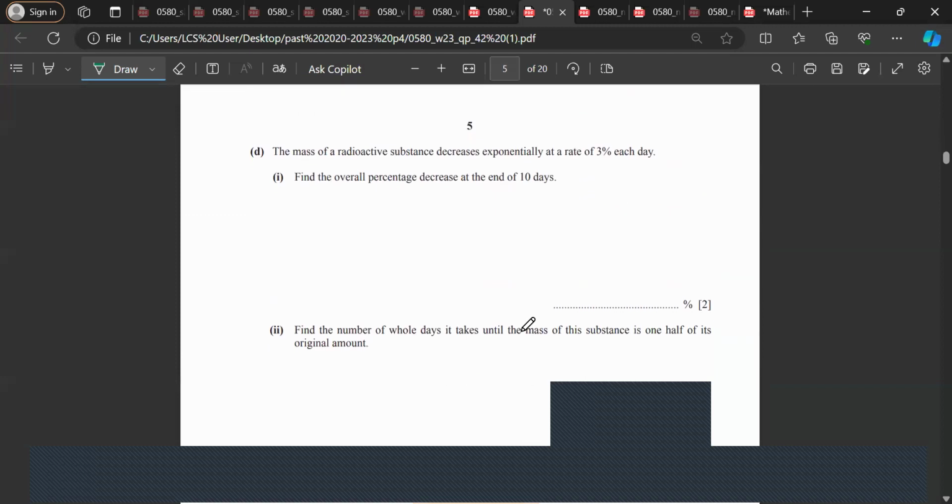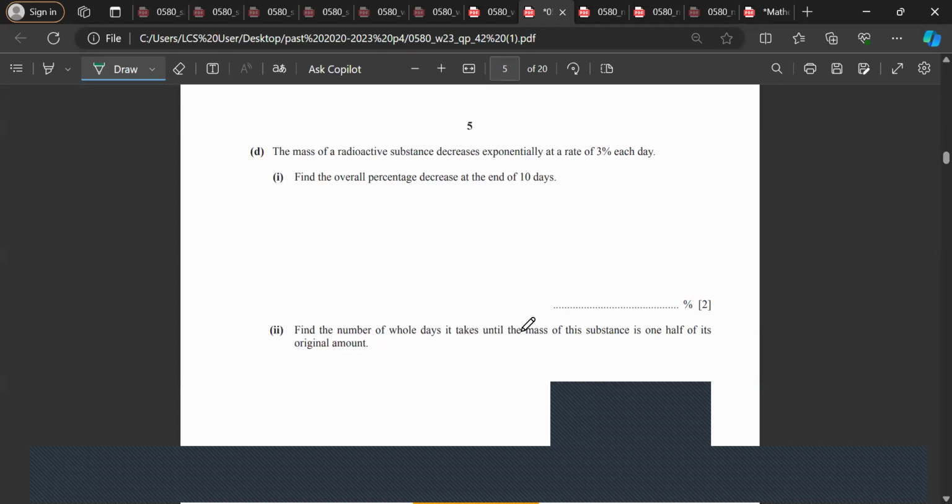Okay, now would you please read this question? The mass of radioactive substance decreases exponentially at rate of 3% each day. Find the overall percentage decrease at the end of 10 days.